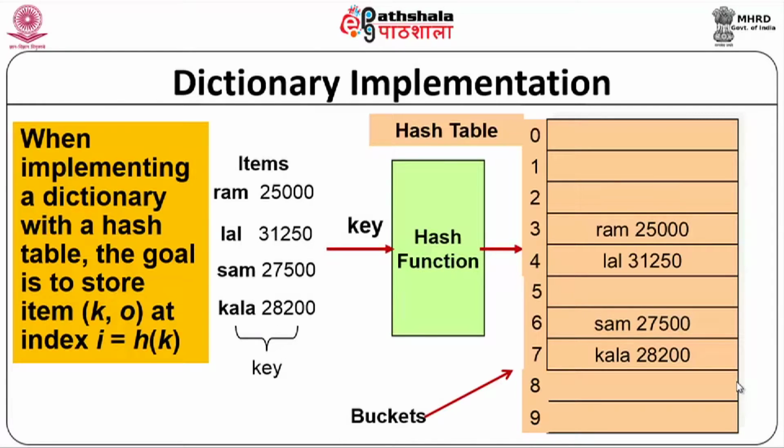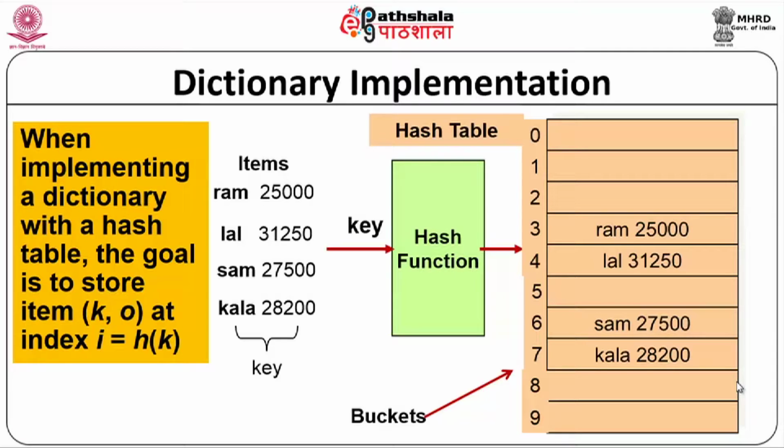Let us understand what we mean by this. We will take a dictionary as an example, because that is a direct way to understand a hash table. When implementing a dictionary with a hash table, the goal is to store the item (k, o), where k is the key and o is the object, at an index. The index is determined as i, which is the hash of the key. So, you have an object, you have a key associated with the object, and that key is hashed using a hash function.